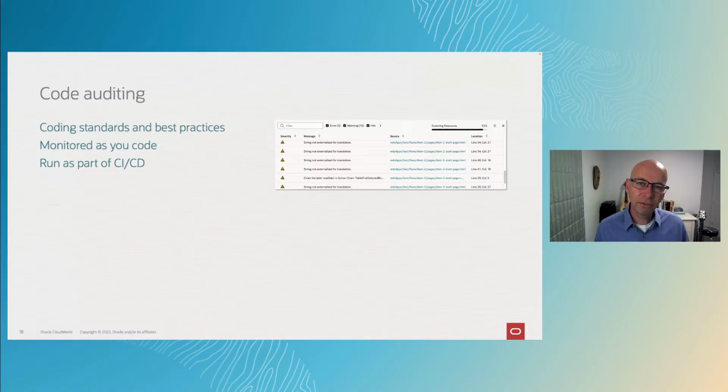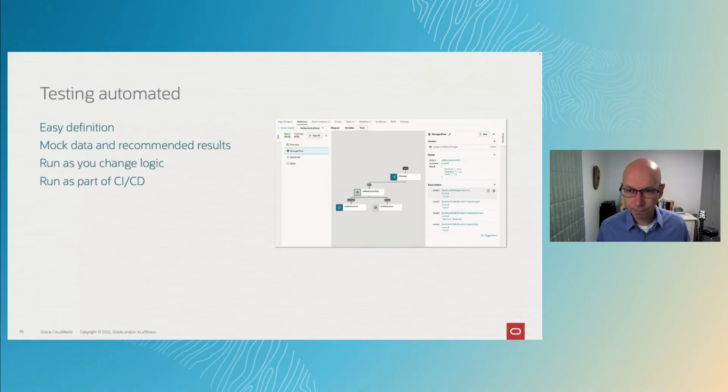And this code auditing framework runs in the background as developers work and shows them the information as they work in their development environment. We also run this auditing as part of our CI/CD pipeline. Before we actually deploy code, we make sure that it passes our auditing tests.